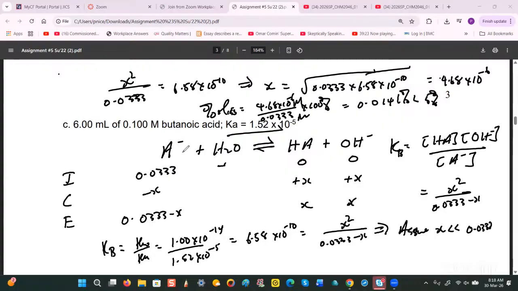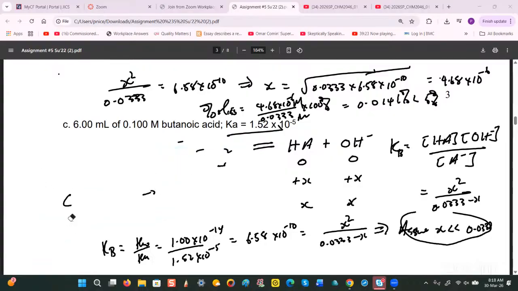So therefore, the assumption that we made down here is valid, right? And therefore, as a result, we can calculate the pOH, because the pOH comes from the concentration of OH minus, which is X right here.